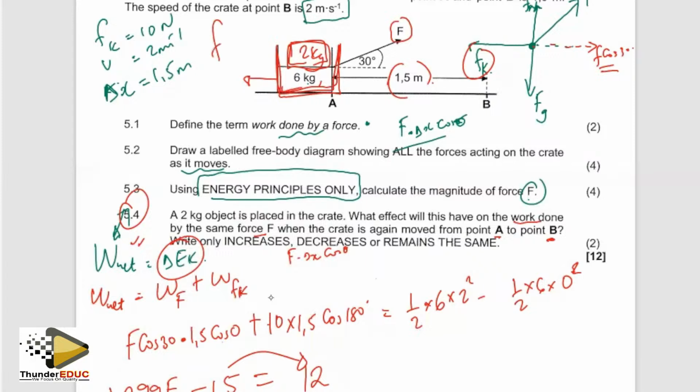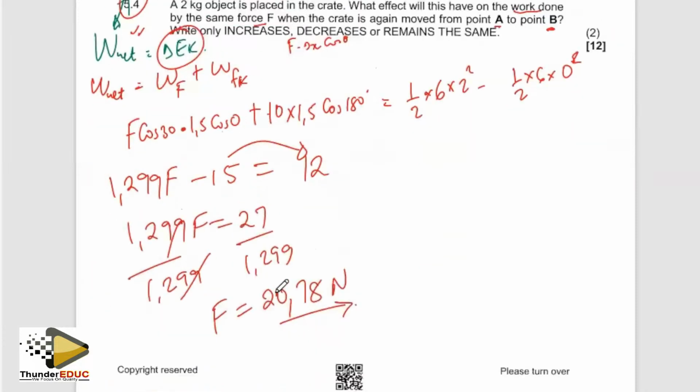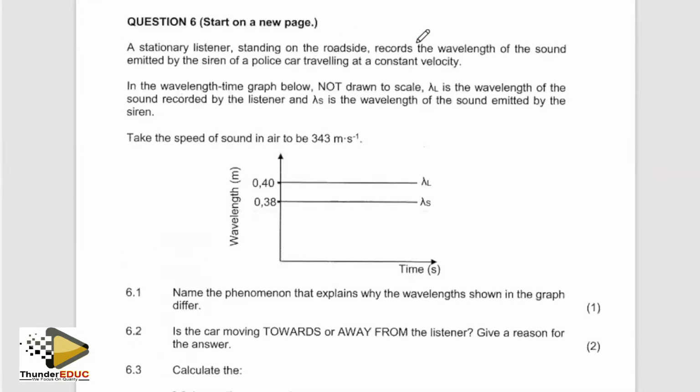Remember, frictional force is directly proportional to the normal force. So with 5.4, I'm going to say increases. The work done must increase. All right, question number 6.